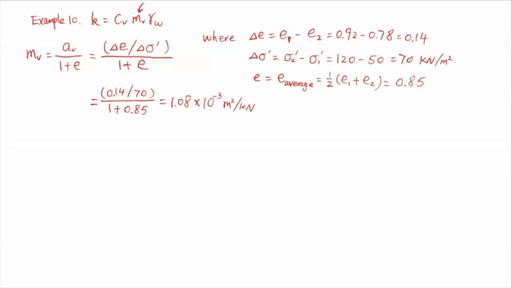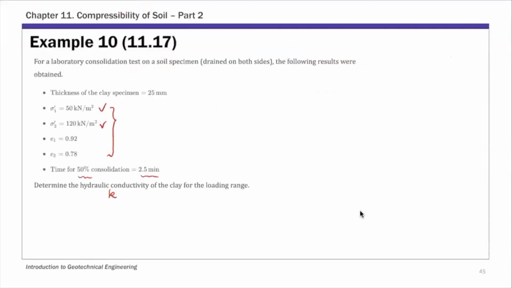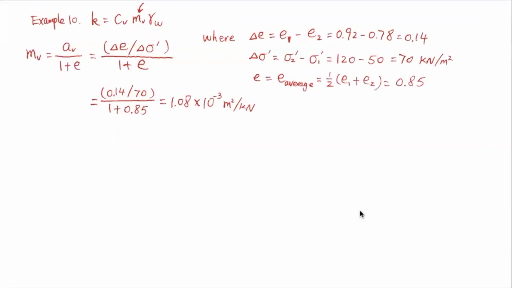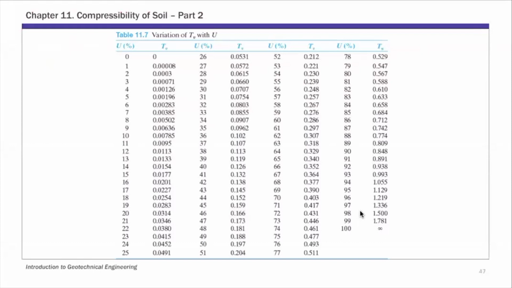And then for C sub v, we are given the time for 50% consolidation, 2.5 minutes. We're going to use that information to get C sub v. First, for U of 50%, again from Terzaghi's solution, same table, table 11.7, we have the T sub v.